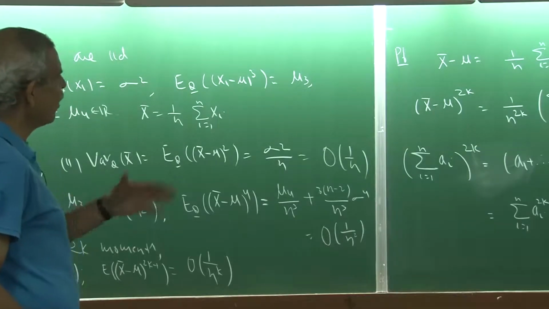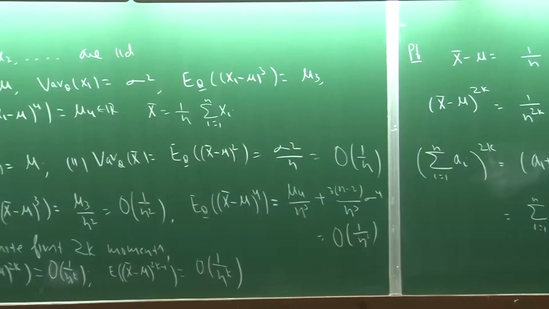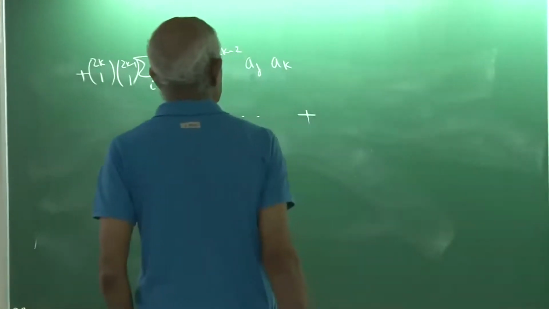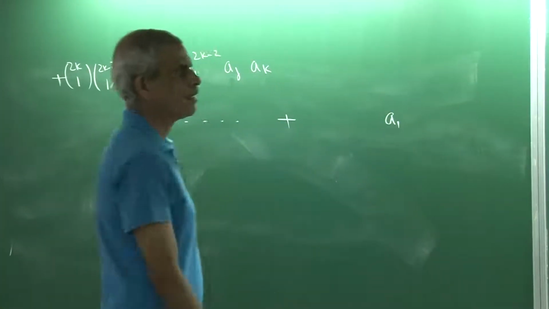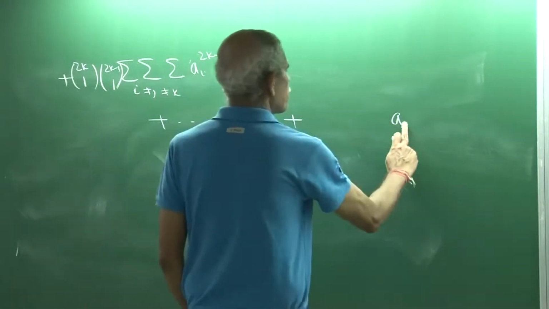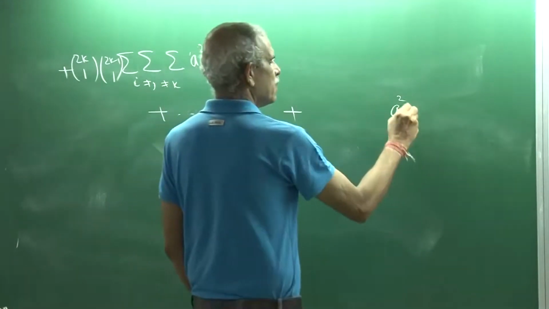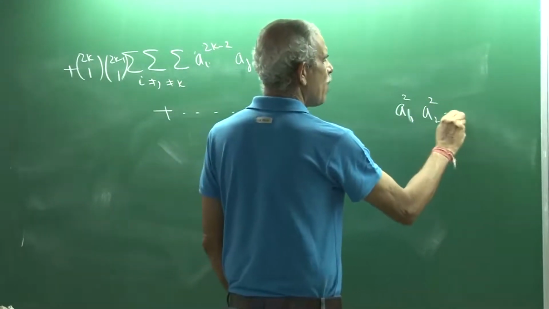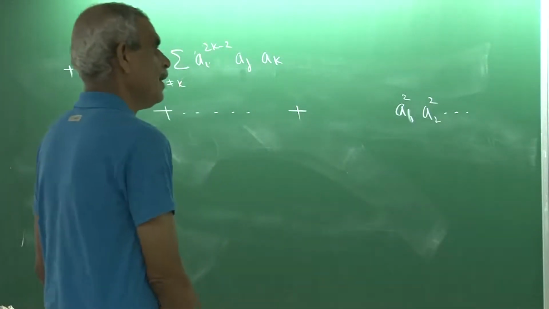What could it be? n is very large. So what may happen is a1 square, a2 square, the powers can go at the most, the sum is 2k.